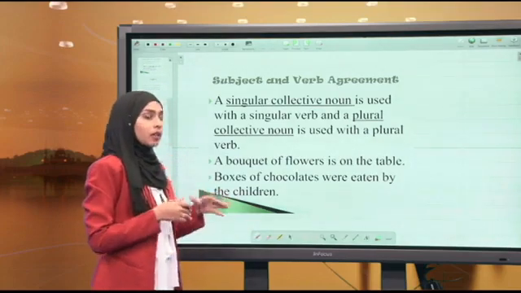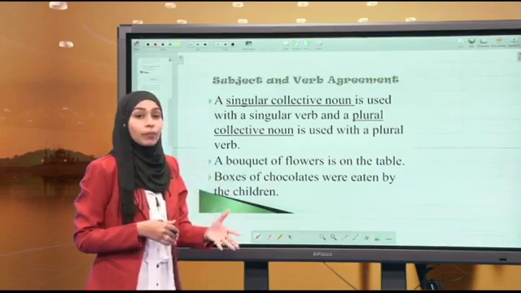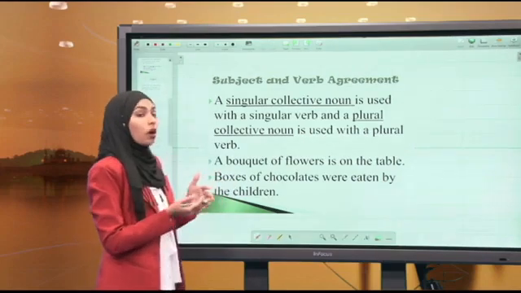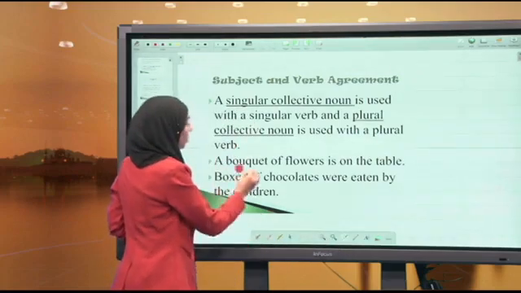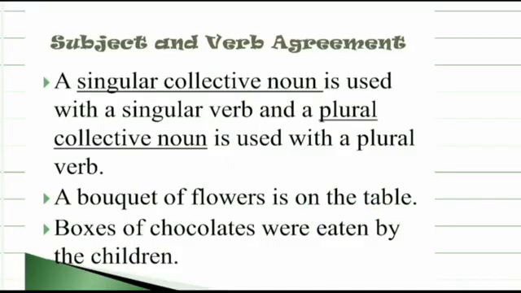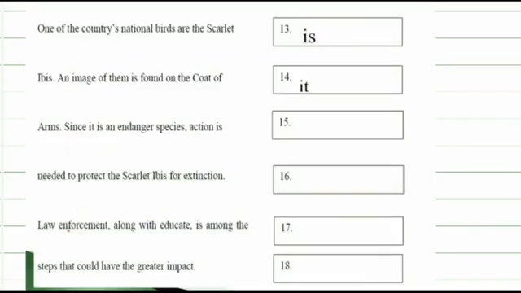Now let's look at our examples and see what I actually mean by singular collective noun and so on. So we have here, a bouquet of flowers is on the table. Notice your verb here and your collective noun.